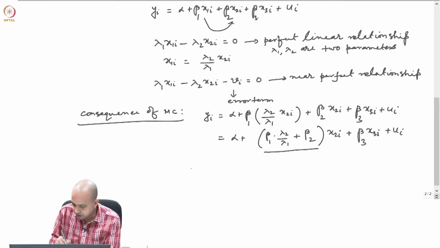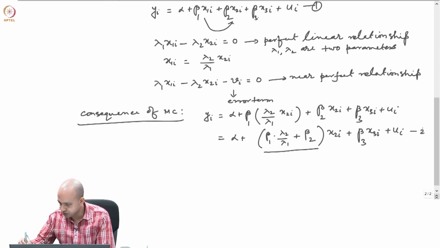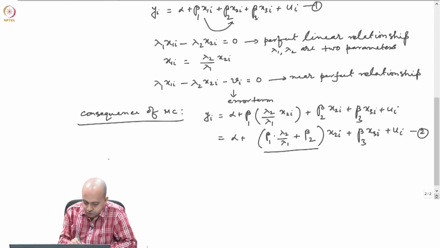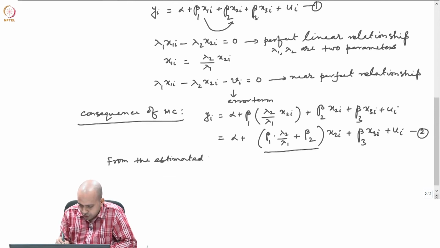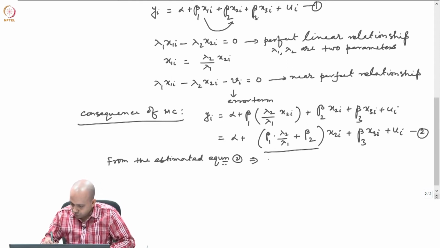Let us say the original model is equation 1, and after substituting this is equation 2. From the estimated equation 2, what you will get is beta 1 into lambda 2 by lambda 1 plus beta 2.